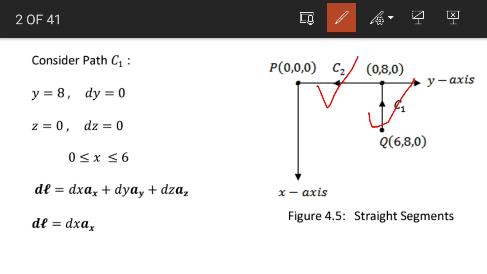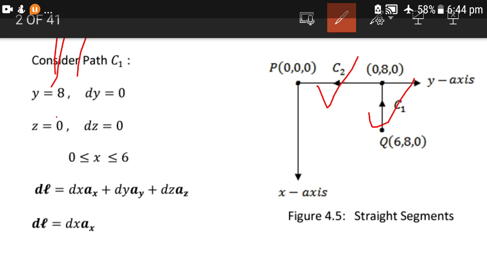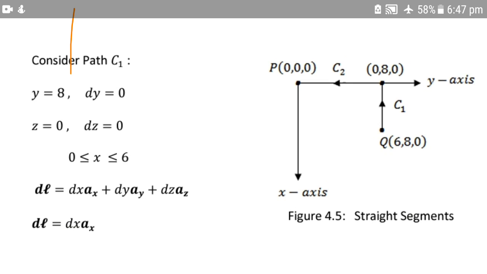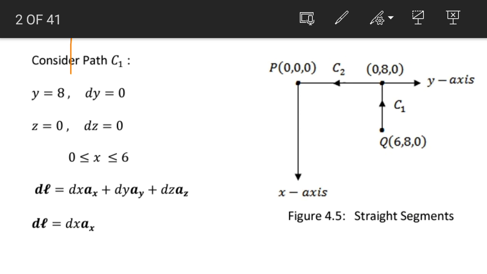So we should consider the 2 straight segments C1 and C2, and we shall calculate the energy which will be required to move this charge of 2 millicoulomb along the segment C1, and the energy required to move it along the segment C2, and then we shall add these 2 energies.